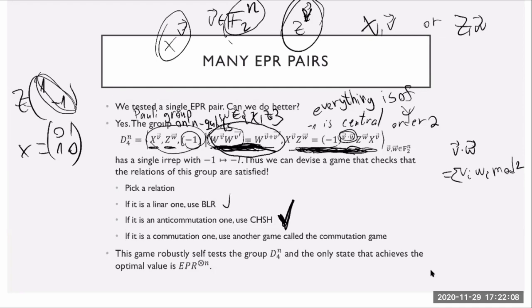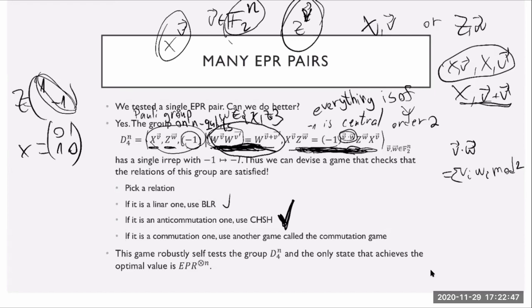For example, I can send to one player XV and XV prime, and to the other player I will send X of V plus V prime. What does it mean that I play the BLR test with them? It means that this player needs to give me 2 bits, this player needs to give me a single bit, and the bit that this player gives me needs to be the sum of the 2 other bits that I got.